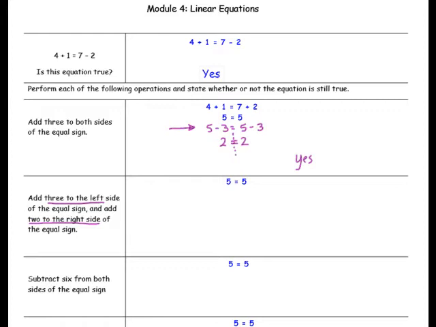Subtract 3 from the left, and then it says to add 2 to the right. 5 minus 3 is 2. 5 plus 2 is 7. These are not equal, and the answer is no.